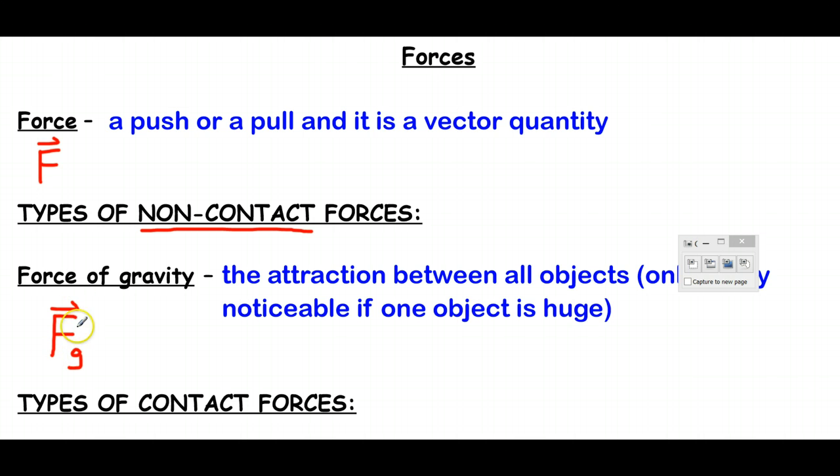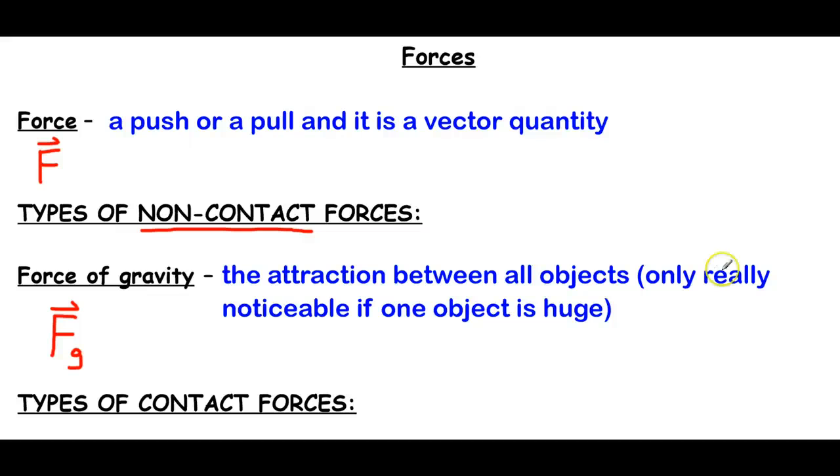Okay, so the force of gravity is represented by this symbol, and it's the attraction between all objects, but we only notice it when the object's really huge. So for example, we talked about the force of gravity on Earth earlier in this unit. And we feel the force of gravity. It's what holds us on this earth, and it's what holds everything around you that you see on the surface that it's resting on.